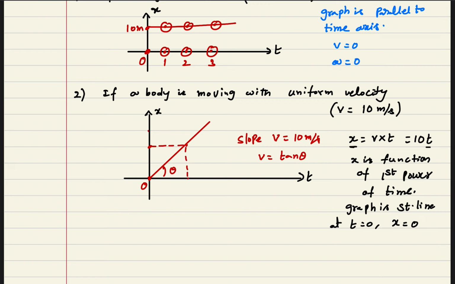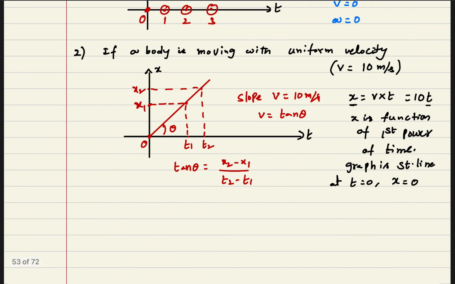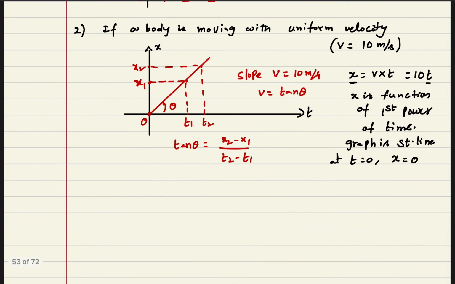Or you can say that if you take t1 and t2, and x1 and x2 points here, the slope tan theta can be written as x2 minus x1 divided by t2 minus t1. This is the slope.